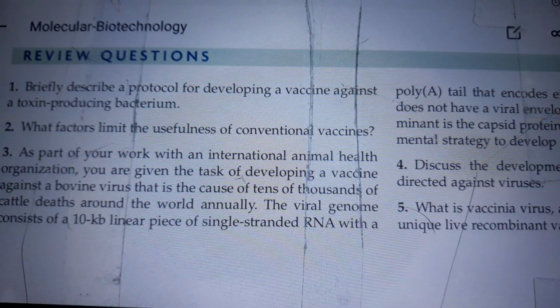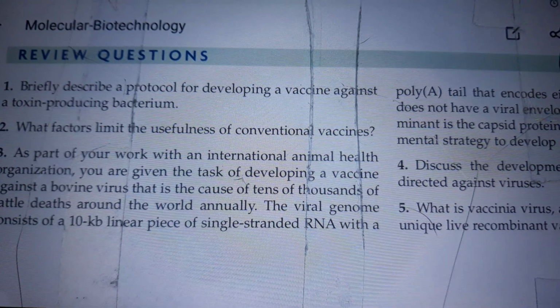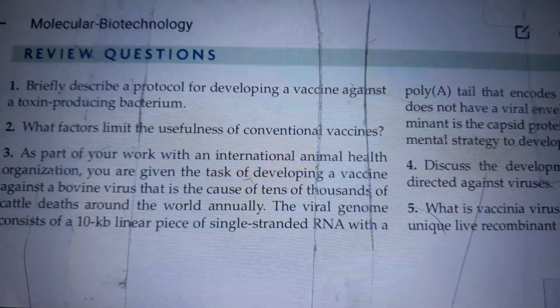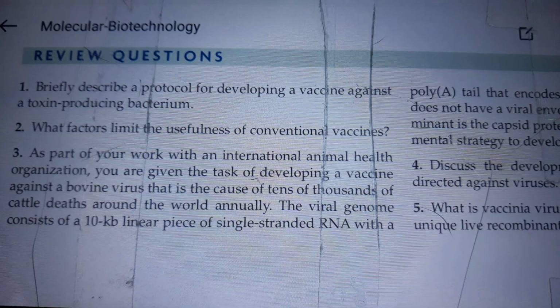Now the review questions. Briefly describe a protocol for developing a vaccine against a toxin-producing bacteria. What factors limit the usefulness of conventional vaccines? As part of your work with an international animal health organization, you are given the task of developing a vaccine against a bovine virus that is the cause of tens of thousands of cattle deaths around the world annually.